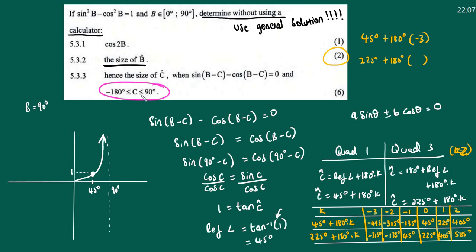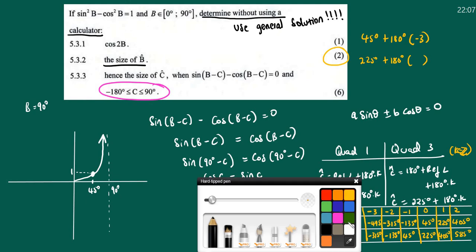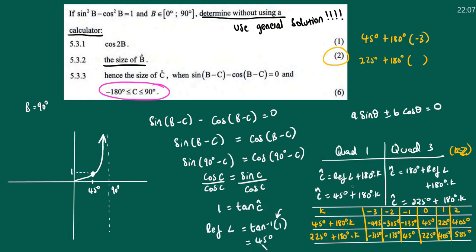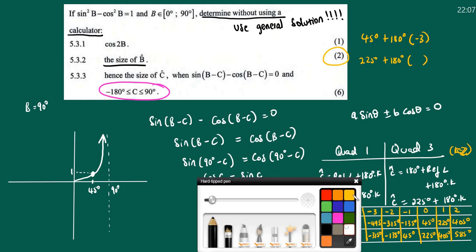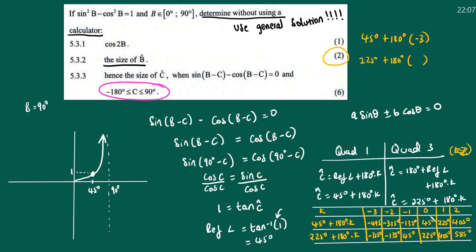So you go back to the restriction. The restriction says C must be between negative 180 and 90. Then you check those angles that are between that, which ones? 45 and what? And negative 135.